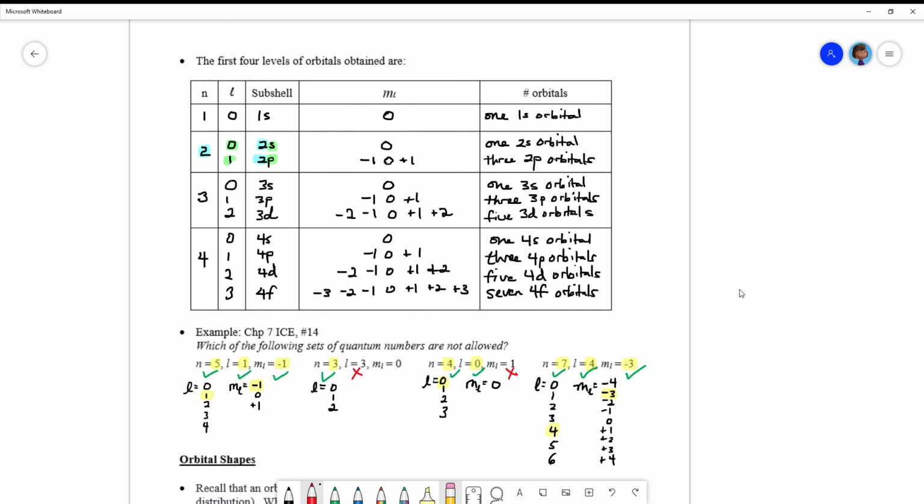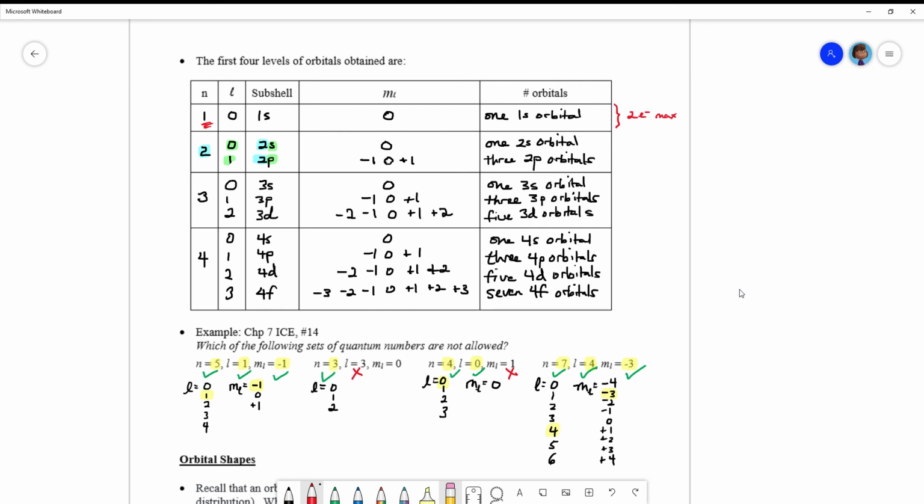So let's notice that in n equals 1, we ended up with just one orbital, one 1s orbital. Well, in this 1s orbital, how many electrons can we put in this orbital? Well, we can get 2 electrons maximum in this orbital.